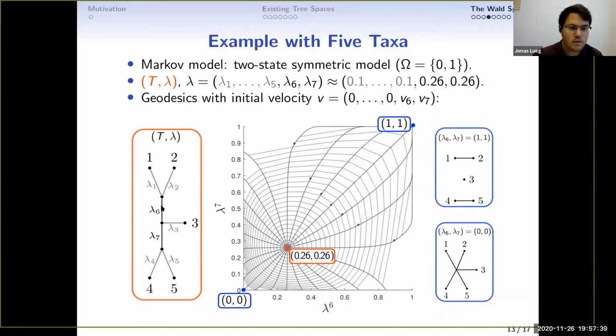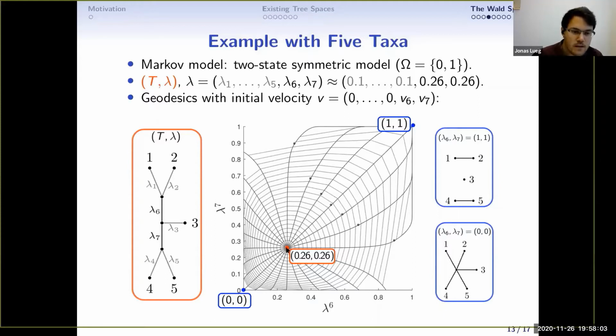And the values for the interior edges are plotted in this square. And what we did is we considered geodesics emanating from this red dot with particular initial velocities, namely 0 in the direction of the pendant edges, and then different V6 and V7, so in the directions of the interior edges.